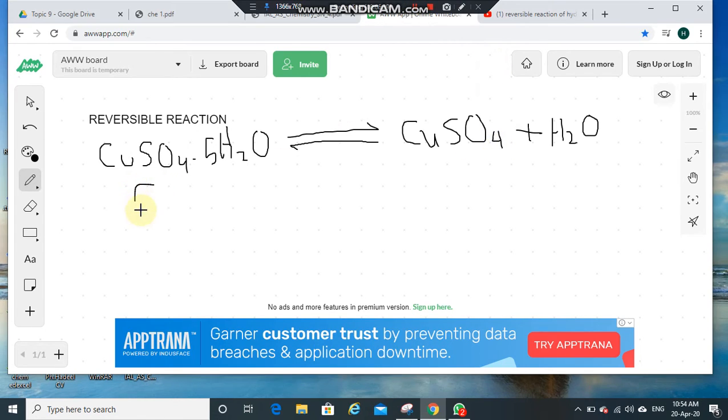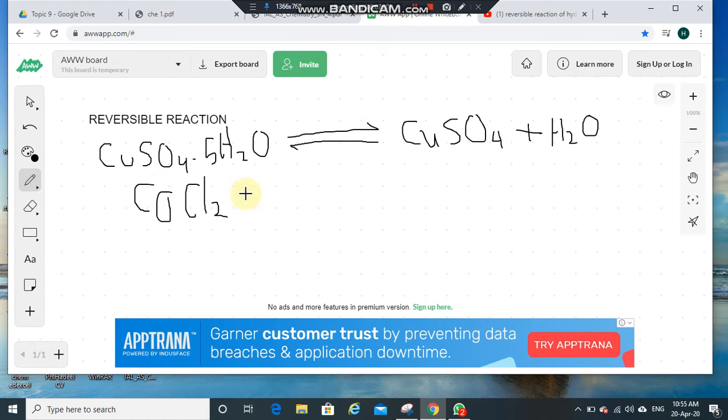Let's take another example. It's cobalt chloride, CoCl2. This cobalt chloride is manufactured on a type of paper. We can see it in the lab in paper form.